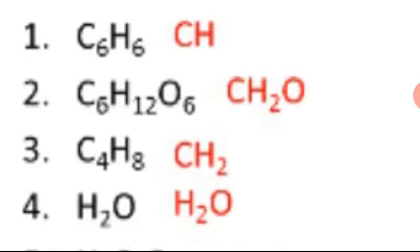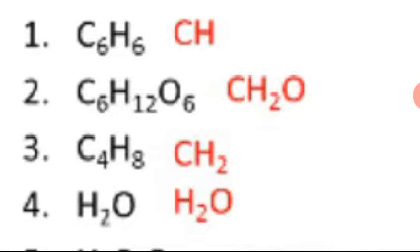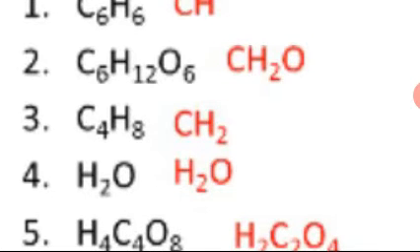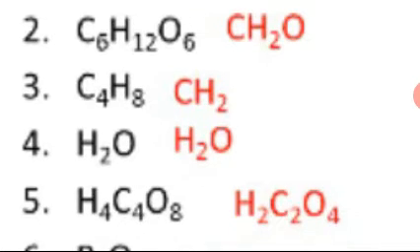In glucose, I explained C6H12O6 becomes CH2O. C4H8, 4 ones are 4, 4 twos are 8. So it becomes CH2. Water H2O, can you divide it? No, cannot. So it remains the same H2O. Molecular and empirical formula of water remain the same.